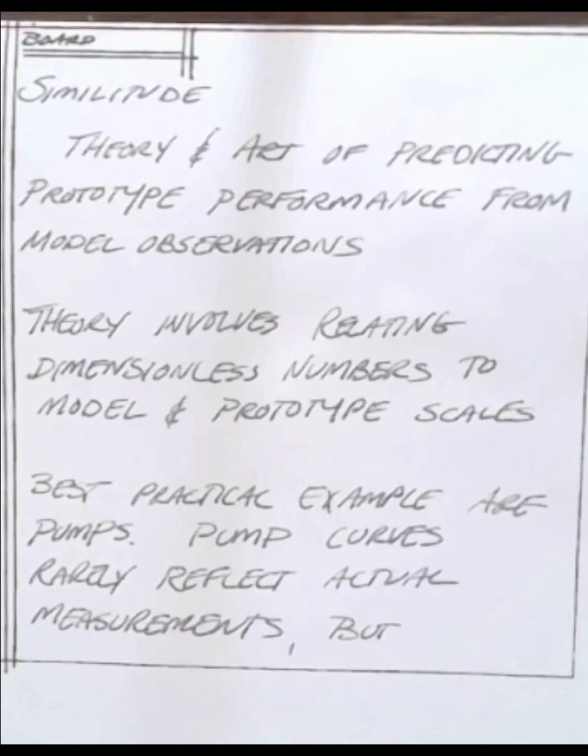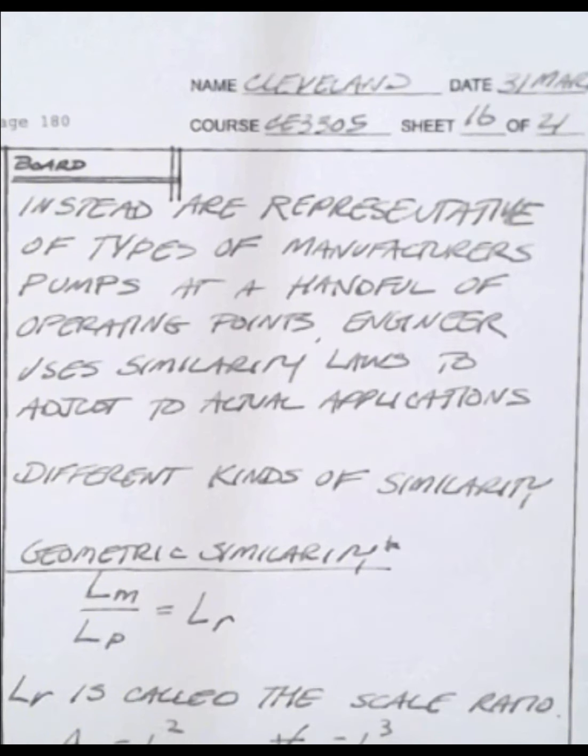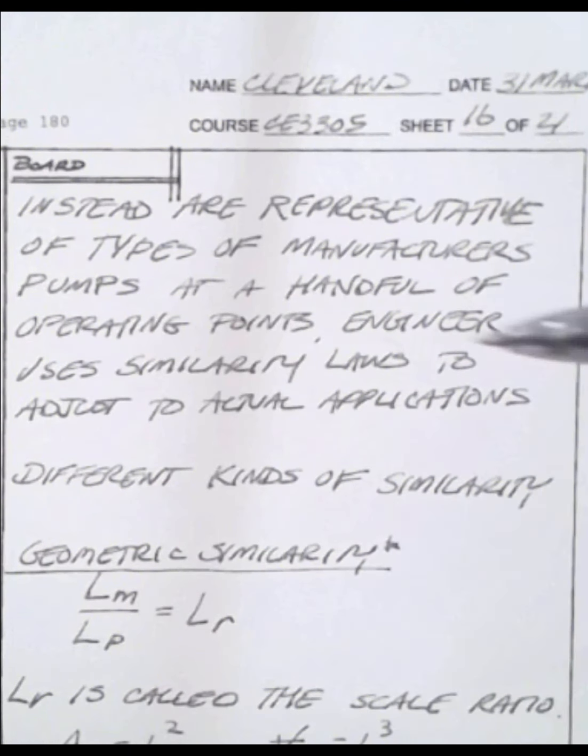Pump curves rarely reflect actual measurements, but instead they're representative of types of manufacturers' pumps monitored at a handful of operating points, and then similarity relationships are used to construct the pump curves for pumps that have similar morphological structure to the actual pumps but may never actually get measured, or maybe a single operating point. So we use similarity laws to adjust to actual applications.